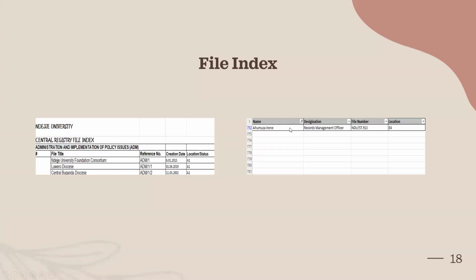I'm able to get many Irenes, and then understand which particular Irene you are looking for, the one who works in the records office. And then the file number, what's her file number? It's there on the file index. Then I'm also able to know that Irene's file is in this location in this office. So that is basically an easier way of explaining what a file index is.